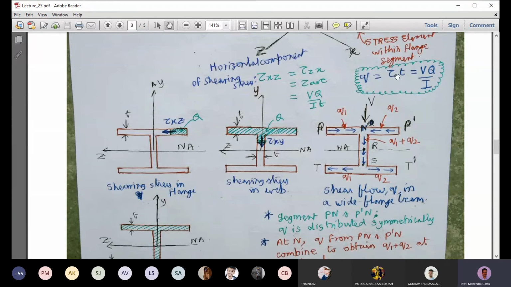Shear flow is shear stress times the thickness. In the flange portions, the thickness will be the thickness of the flange, and in the web portion, the thickness will be the thickness of the web, TW, because we are making a horizontal cut. So the thickness t will be the thickness of the web.